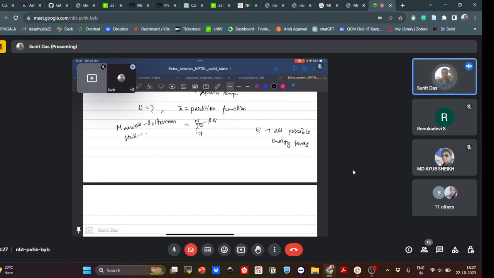So if there are n levels, then it will go up to n. So we have two energy levels, one is minus epsilon, one is plus epsilon, right?